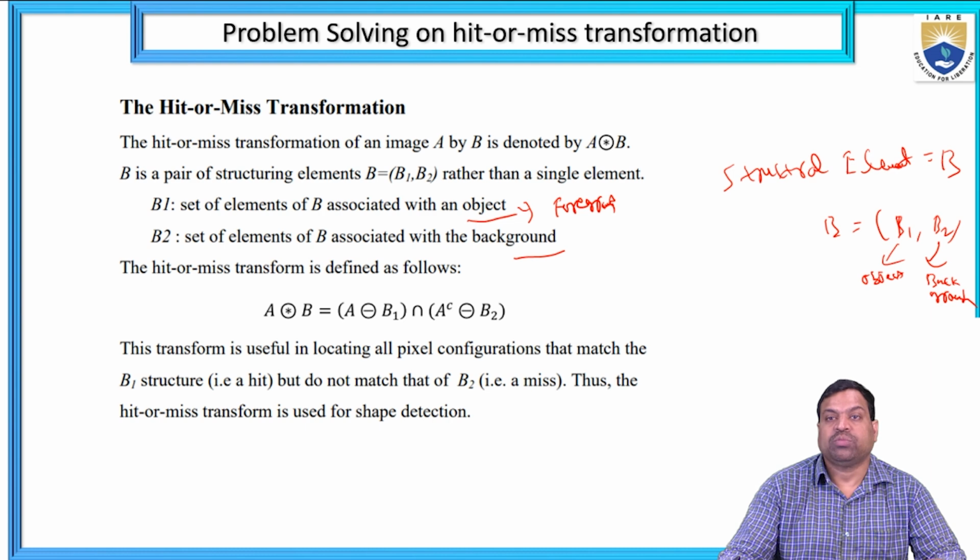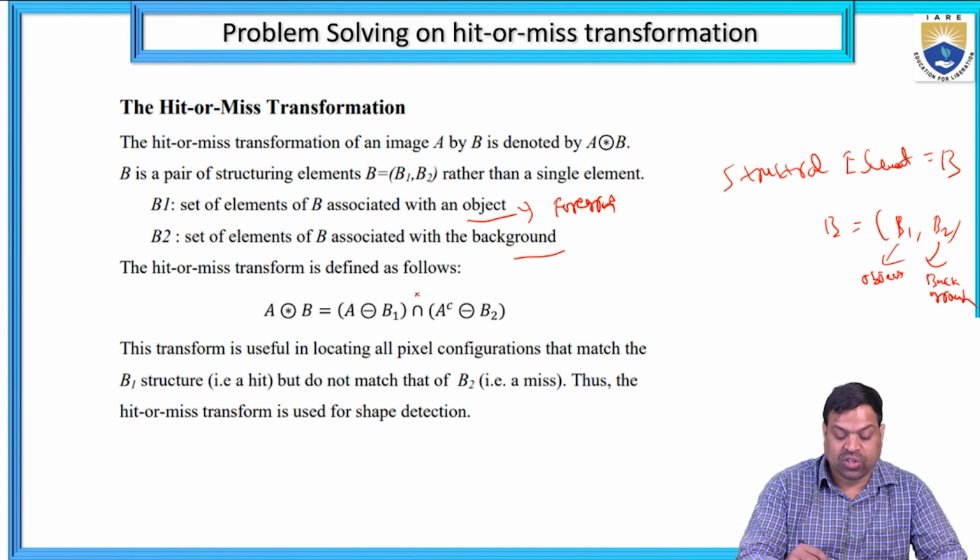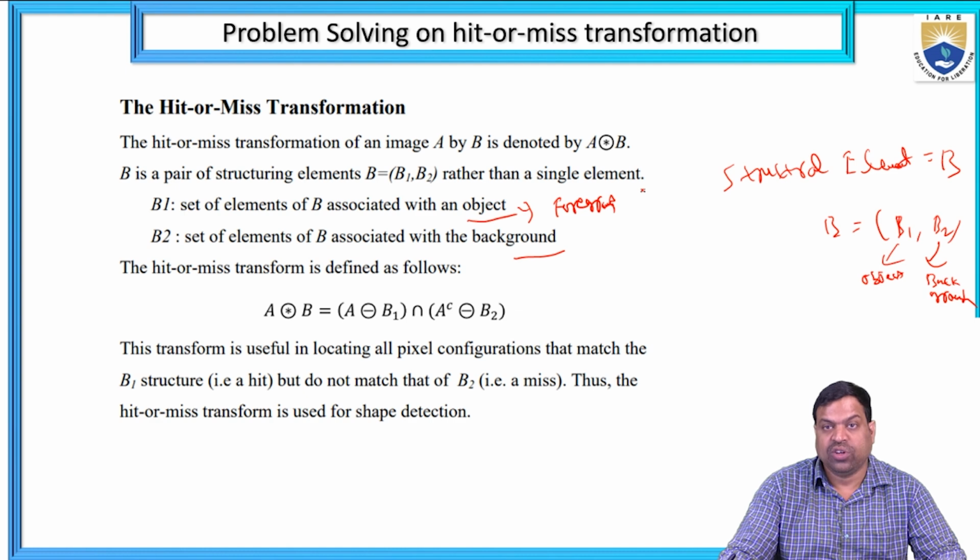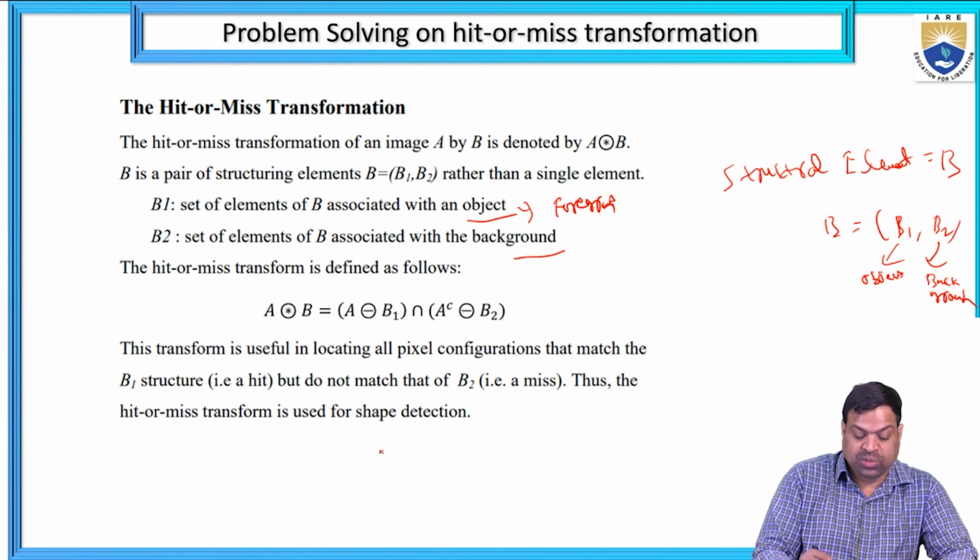Hit or miss transform is defined as follows: A ⊛ B is equal to A eroded by B1 intersected with A complement eroded by B2. This transform is useful in locating all pixel configurations that match the B1 structure, that is a hit, but do not match with B2, that is a miss. Thus the hit or miss transform is used for shape detection.